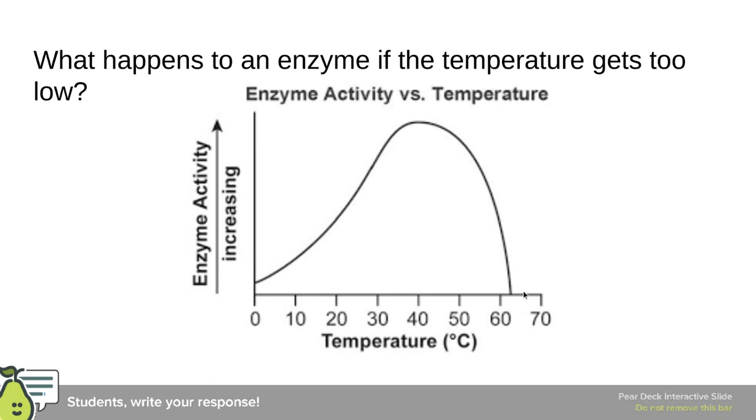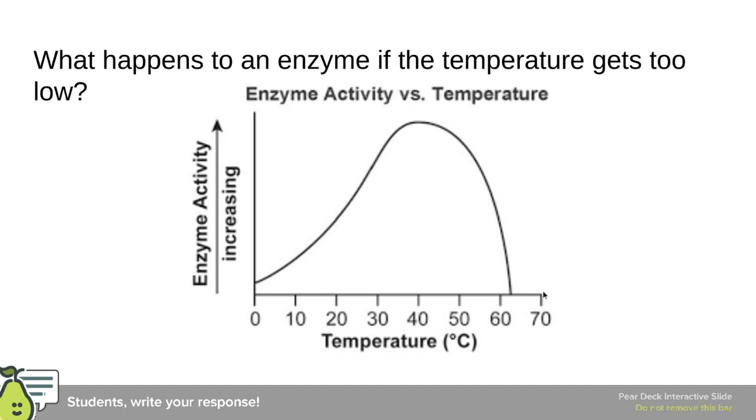But too low of a temperature or too high of a temperature is going to cause the enzyme to not work as well. Think about if you wanted to run a marathon or do 100 push-ups. If they put you in a room with zero degree temperature, it's probably going to take you a little bit longer.